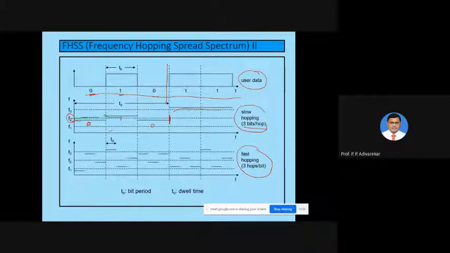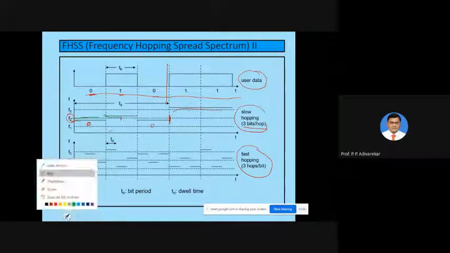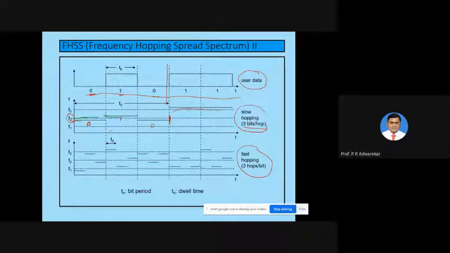Then what is fast hopping? The third diagram is of fast hopping. In fast hopping, one user data bit stays on several channels.